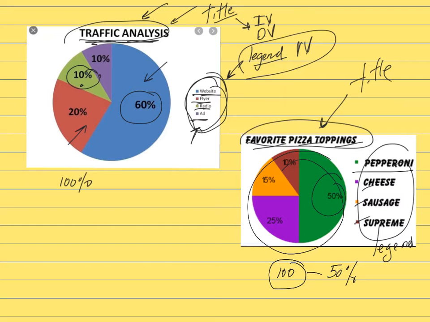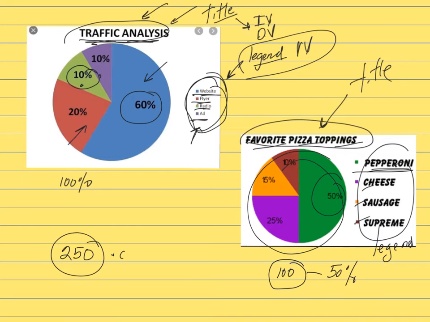So let's say, and this is another information that you can get from your graph, that you have 250 people ordering a pizza. What is the amount of people that are going to have a pepperoni pizza?